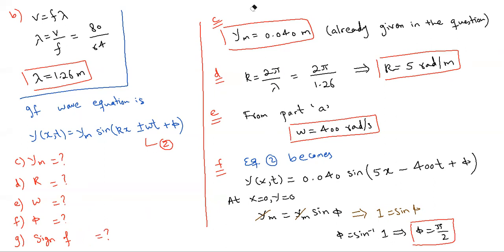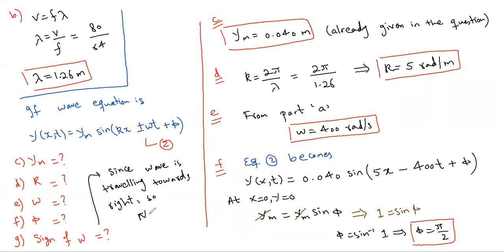Since the wave is traveling towards the positive x-axis, there will be a negative sign. So this is what we have to calculate in this question.